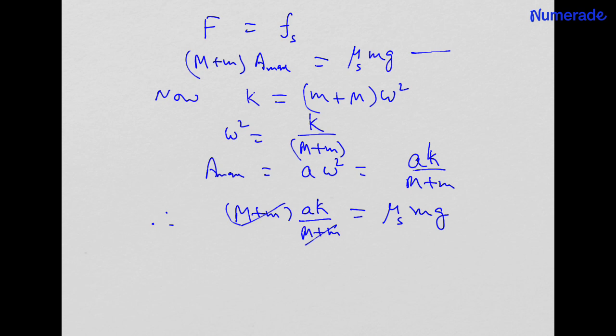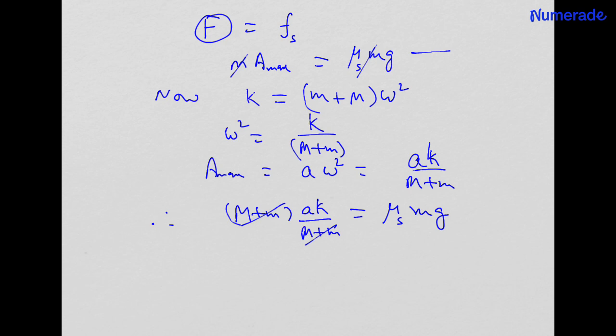No, sorry, I have made a mistake. This force should be on the small m only. So making this correction, this is small m only, and that will be cancelled. And omega square we already know. So a max is equal to A omega square, that is A k by M plus m.